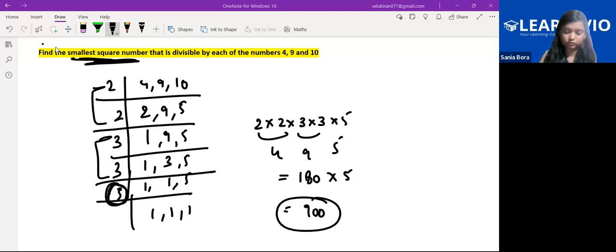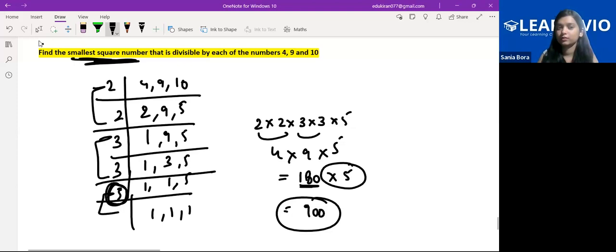Ma'am, how did you get 180? I multiplied them. Then this 180 was there. Then I multiply again with 5 because 5 doesn't have any pair. Ma'am, 4 into 9 is equal to 36, right?